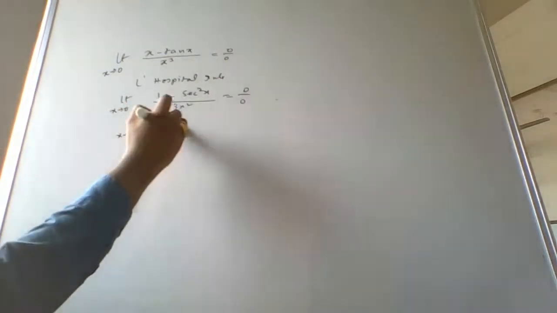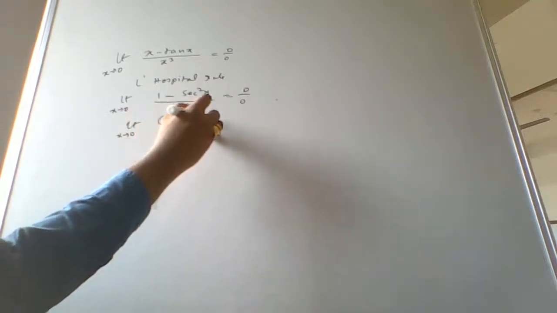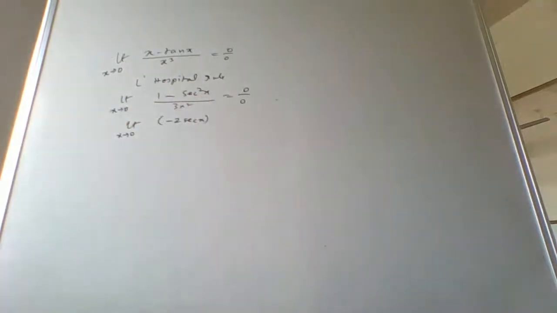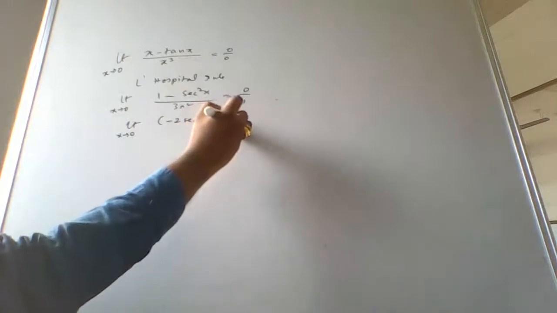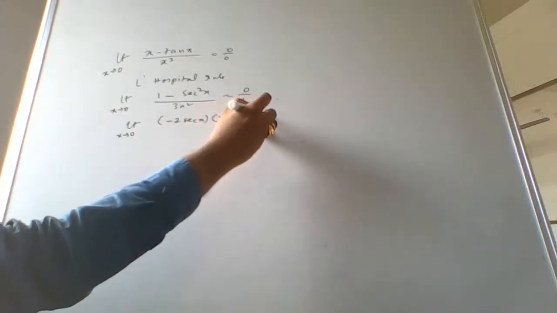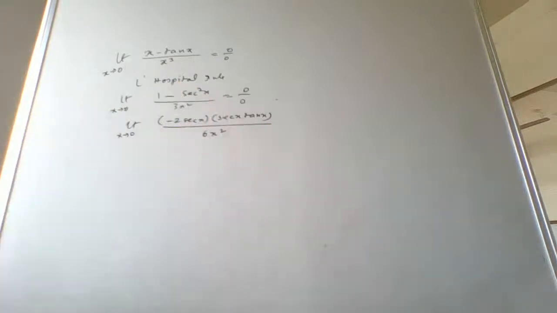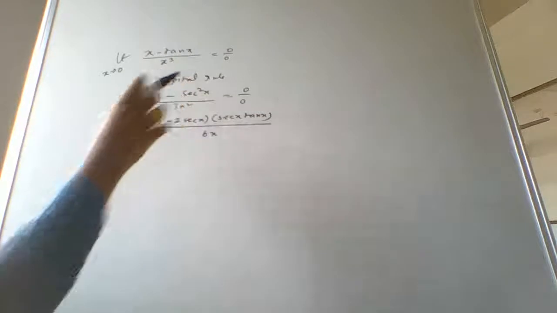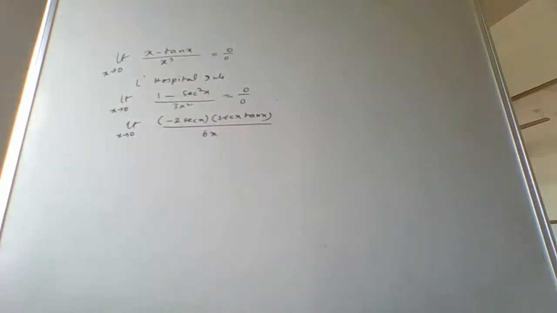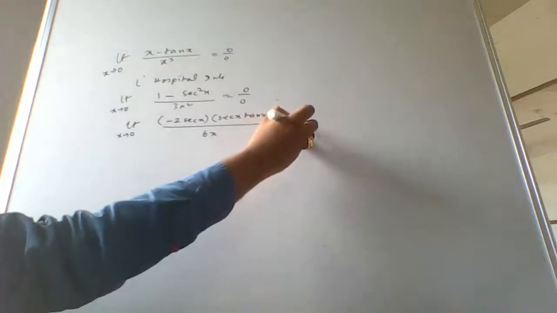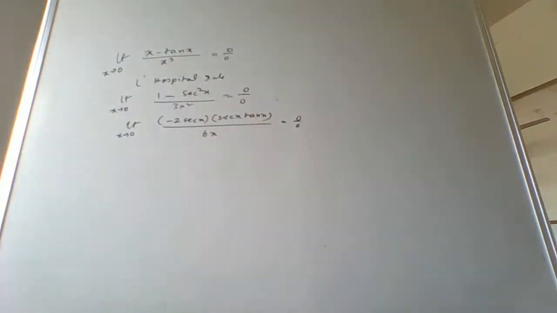So I get minus 2 secant x, and the derivative of secant x is secant x tan x, secant x tan x, and this should be 6x. I'm sorry, 6x, because we differentiate this. Now again, if I substitute x is equal to 0 here, I get 0 by 0 again. Now let us again use L'Hopital rule here.